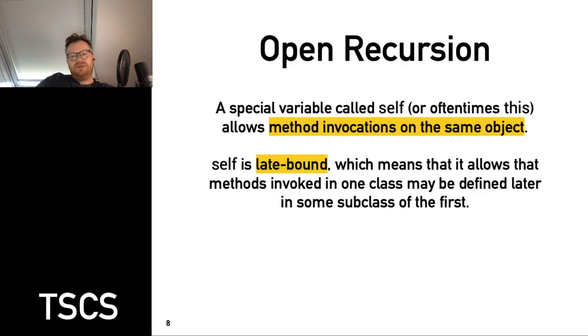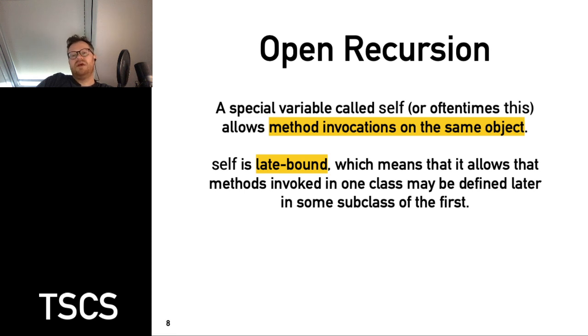Okay, and the last point on our to-do list was open recursion. For this you have a special variable. Here we call it self. In Java you would have the same concept as this. This variable allows method invocations on the same object. And in order to do that, self is so-called late bound. Late means the latest point in the execution where you can bind self.